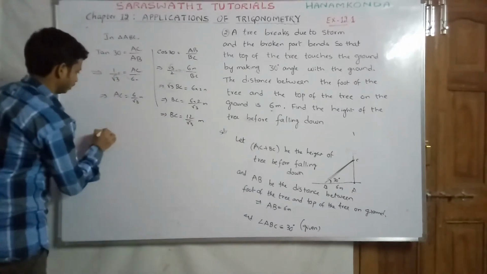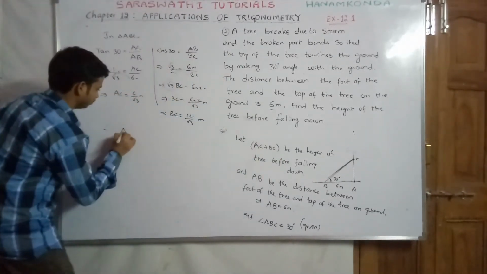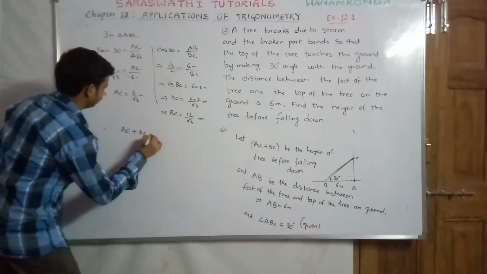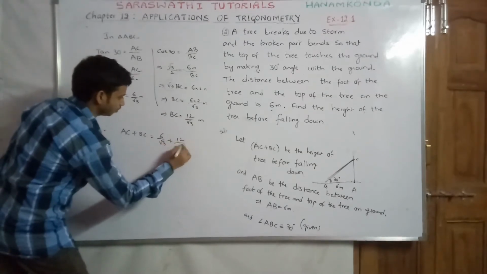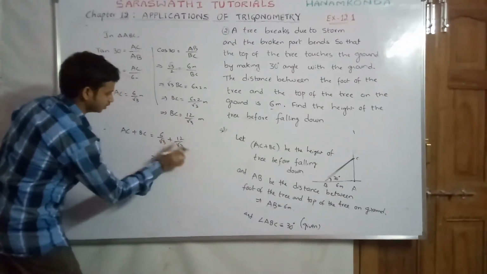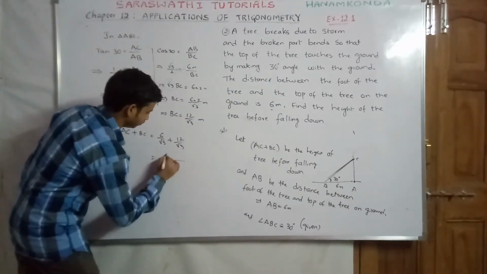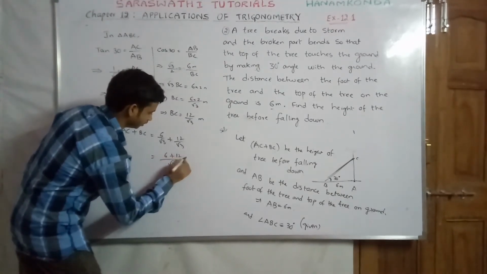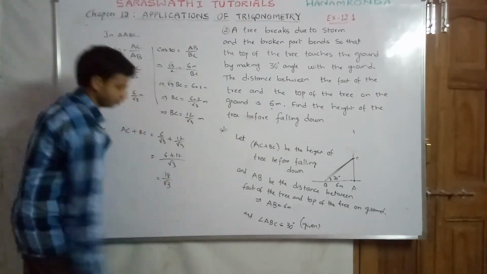Now we need the value of AC plus BC. Therefore AC plus BC equals AC value 6 by root 3 plus BC value 12 by root 3. Both denominators consist of root 3, so we can take root 3 as the common denominator. The numerator becomes 6 plus 12, that means 18 by root 3.